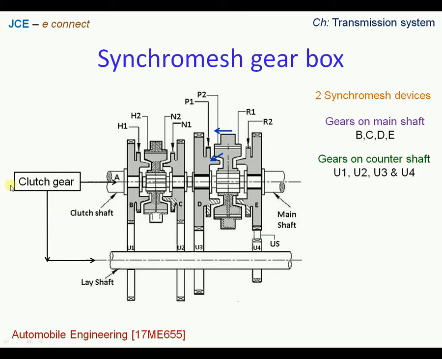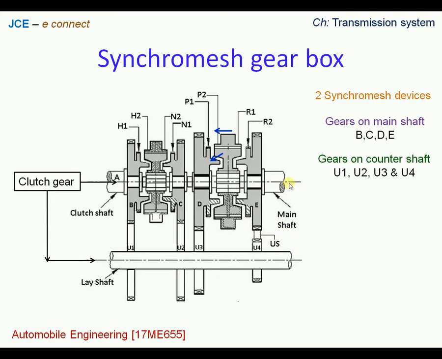However, when we look at the power flow, we see that power is going to flow from the clutch gear to that of the lay shaft. From the lay shaft, the direction will be reversed because of the presence of the idler gear, as briefed in the earlier slide.